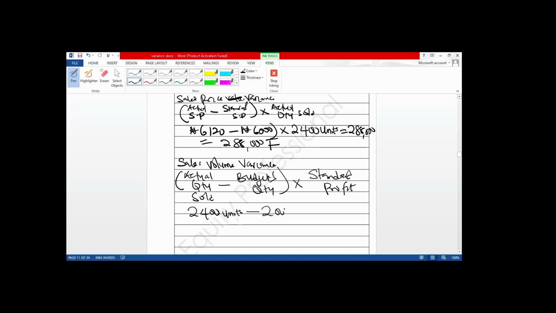Budgeted quantity, 2,000 units. Standard profit per unit, 1,200. Please compute. You have 480,000 favorable.